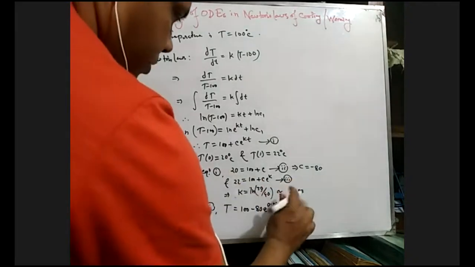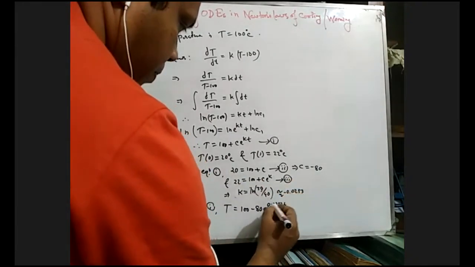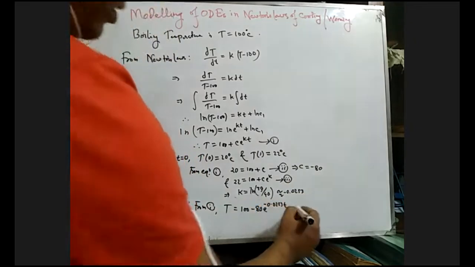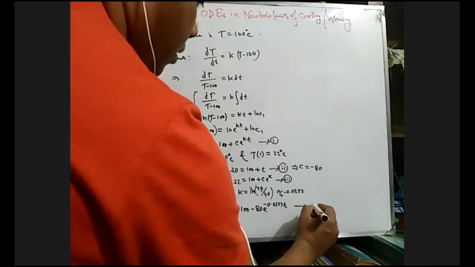But there is a negative sign, minus 0.0253. Okay, so this is equation number 4.